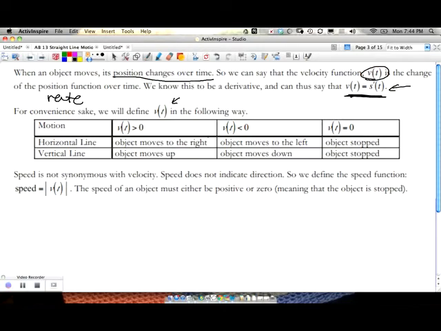To the right is positive, to the left is negative, up is positive, down is negative. So this is a guideline for looking at velocity. If you're looking at velocity vertically, just remember up is positive and down is negative. Similarly, right is positive and left is negative. Up and right are positive directions, left and down are negative directions.